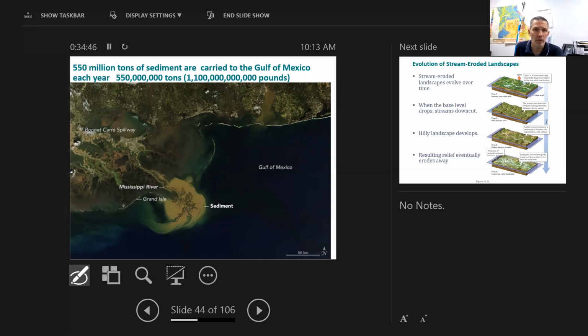So that's 1.1 trillion pounds of sediment deposited each year in the Gulf of Mexico. So that means that all that material from the upper regions is being brought down.